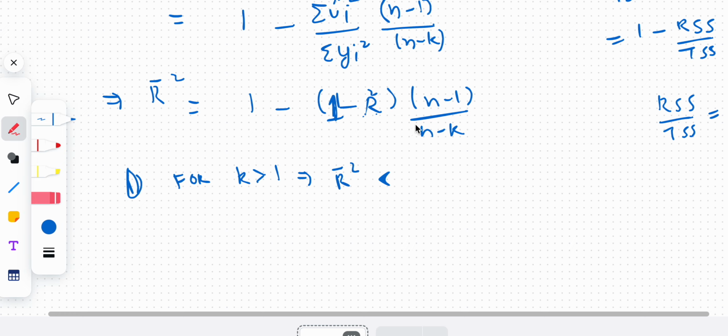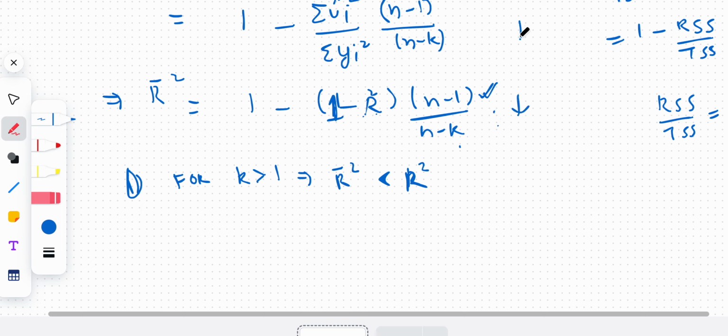So, yeah, my k is greater than 1. That would lead to my numerator being greater. This will be greater. That would mean, if it's greater than 1, then my denominator will be less.